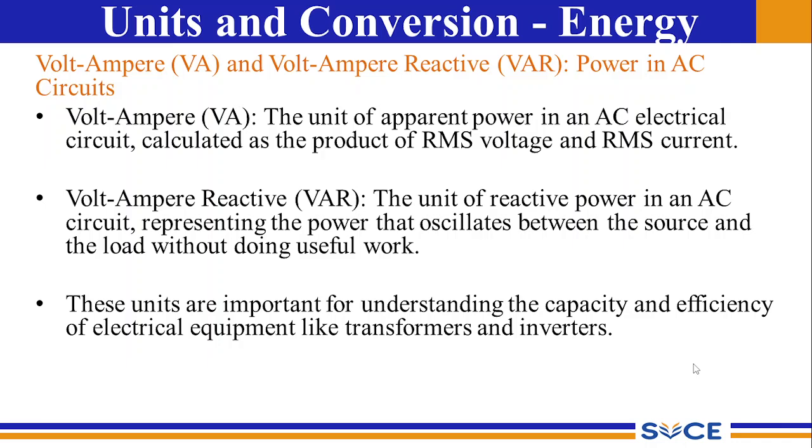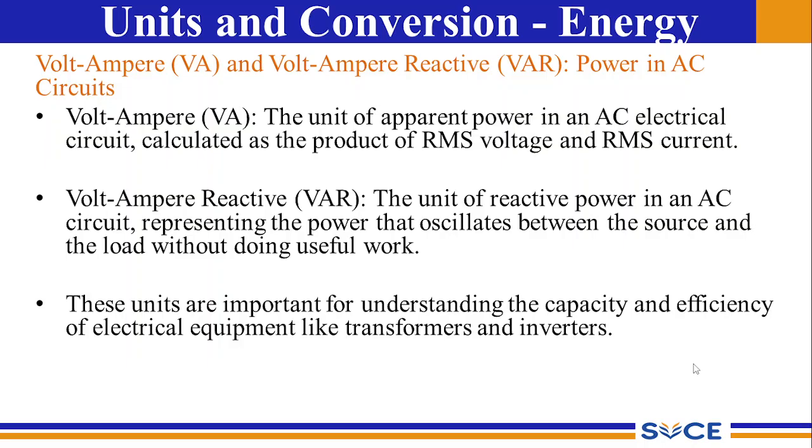Volt ampere reactive is the unit of reactive power in an AC circuit, representing the power that oscillates between the source and the load without doing useful work. Okay. So these units are important for understanding the capacity and efficiency of electrical equipment like transformers and inverters.